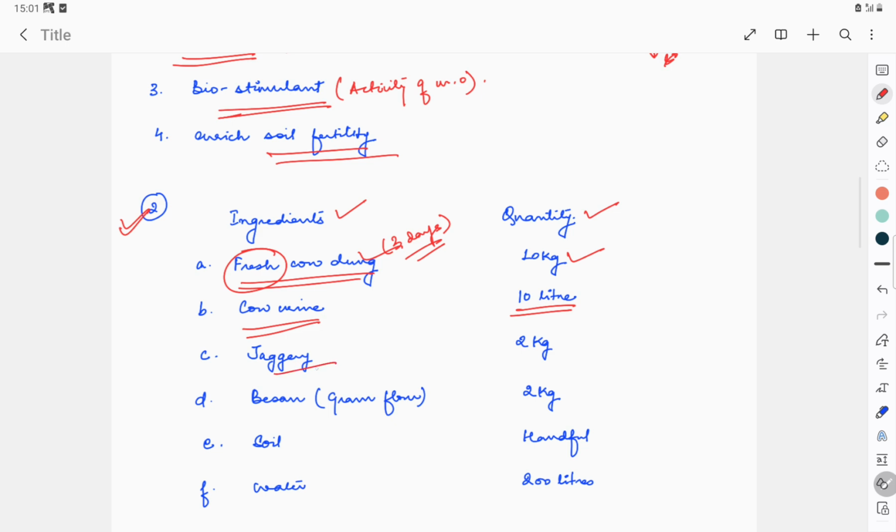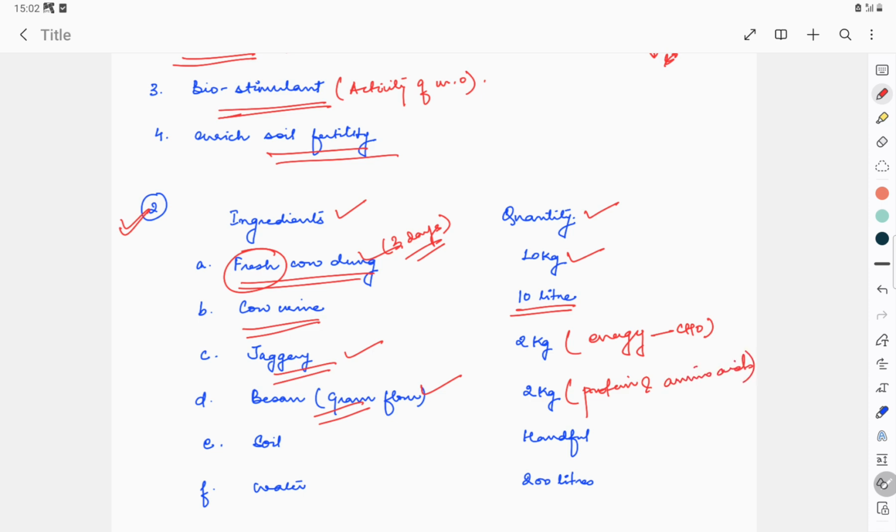We need jaggery, we need besan. Now why do we need jaggery and besan? As you all know, jaggery is a good source of energy, and that too is carbohydrate. So it is going to help in the rapid multiplication of the microbes at the time of fermentation. Similarly, besan, you all know that it is a good source of protein or amino acids.